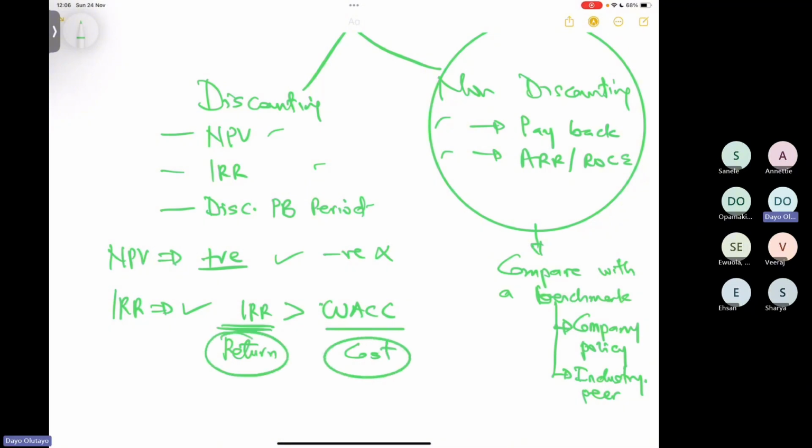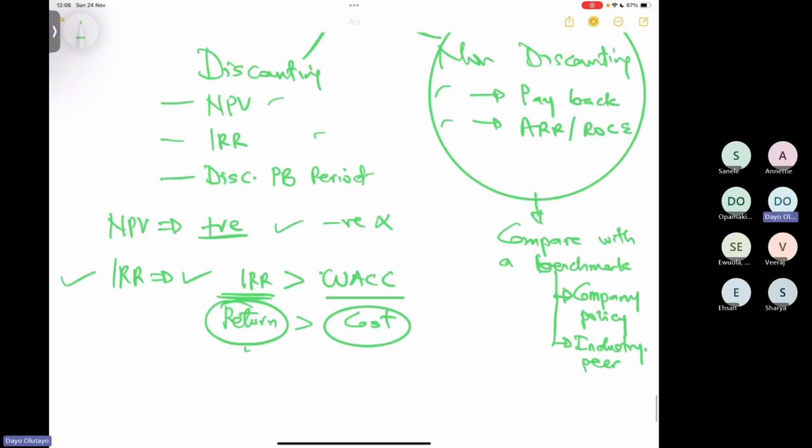I've seen students that tell me they sometimes get confused whether it's IRR that should be greater or WACC. Just remove that confusion right now. IRR is a return measurement, WACC is a cost measurement. Return should be greater than cost, and if that's the case, then you do the investment. And for discounted payback period, you also need to compare with the benchmark, like the other non-discounted methods. So that's how you use these methods to take decisions.